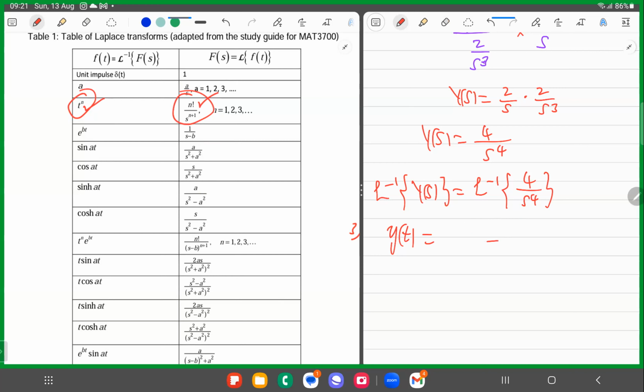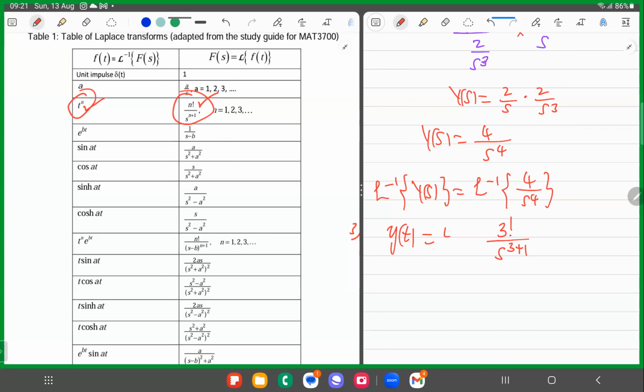If it is s to the fourth power, you need one less, so I can write it as 3 plus 1. You must break it down like that. And then the numerator must have 3 factorial.